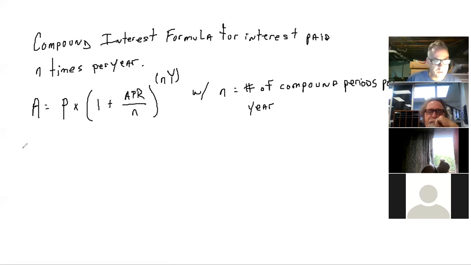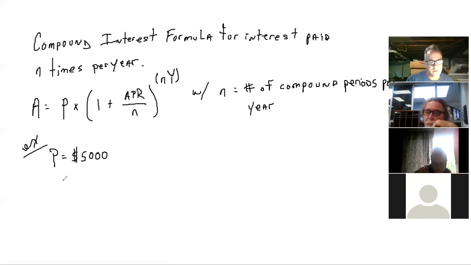So, example here, let's say I deposit $5,000. So my principal will be $5,000. I've got an annual percentage rate of 3%. And it compounds monthly.